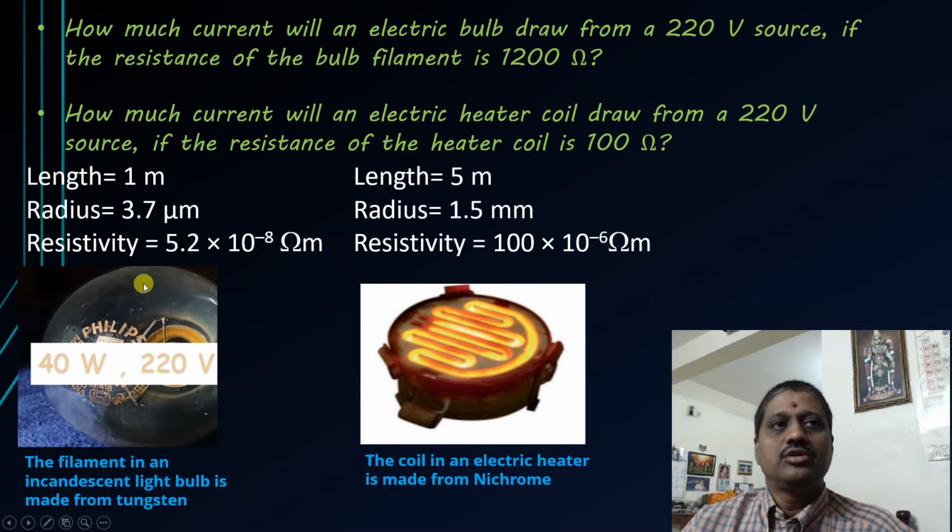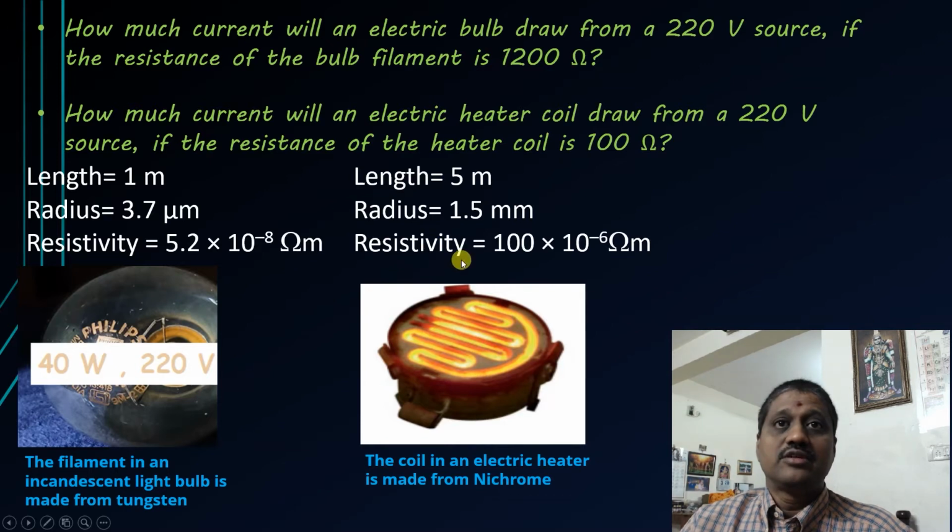Even though the filament has lower resistivity, we have a smaller radius. You see micrometer here, millimeter there, a different radius. By changing the length and the geometry, we make the resistance of a 40-watt bulb 1200 ohm.